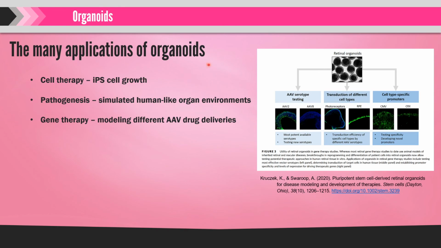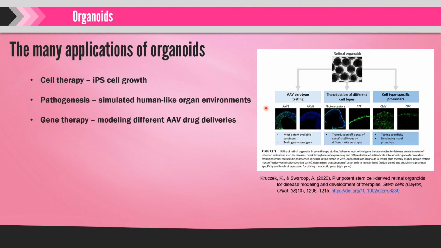So, the many applications of organoids. We talked about cell therapy with pluripotent stem cells. Pathogenesis studies will use these organoids to simulate what a disease is and how it acts in these human organ environments. For example, there was a successful implementation that I read about where an RPGR mutation was used to model the pathogenesis of that mutated gene, because up to that point, animal models had not been sufficient to replicate the same phenotypes that you would see in humans.